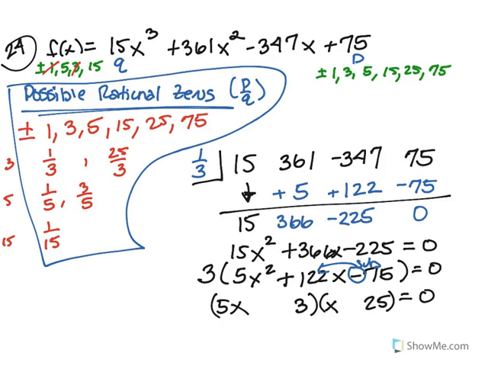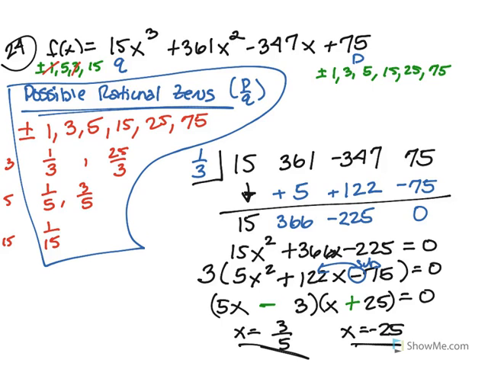Yeah, it's 122. So that will work. So that's going to mean that this one is going to be positive and this is going to be negative. Or they chose some big numbers to use. So my other two answers would be a positive 3/5 and a negative 25.